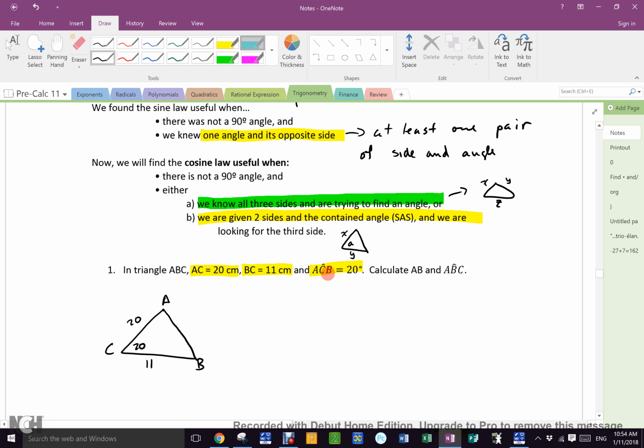What version of the cosine law are we going to use? The one that's at the top. c squared equals a squared plus b squared minus 2ab cos c. Now listen to me.